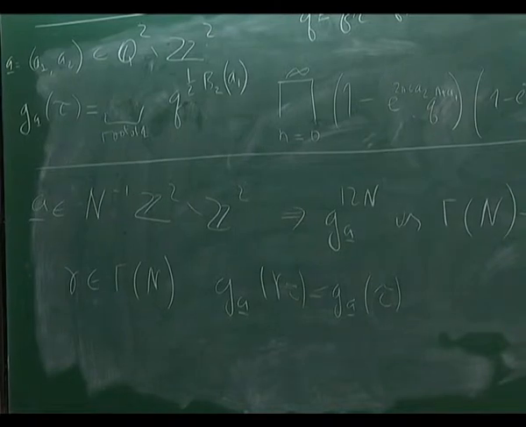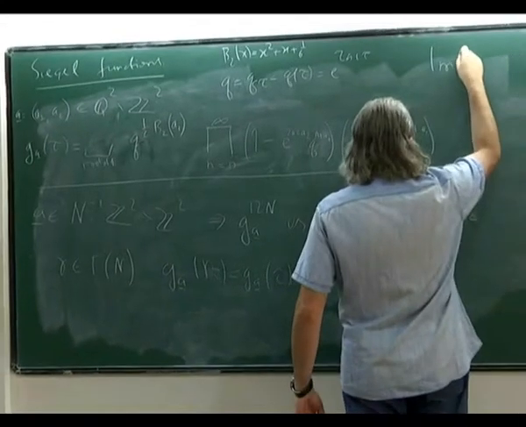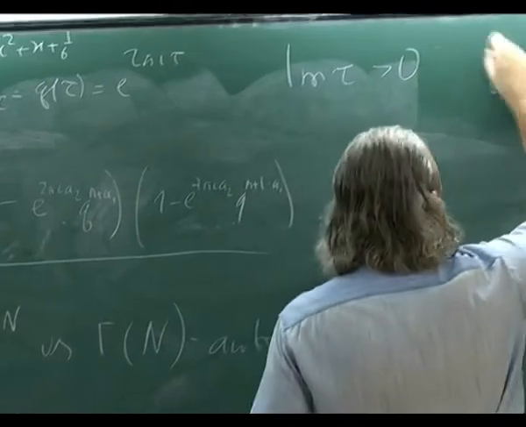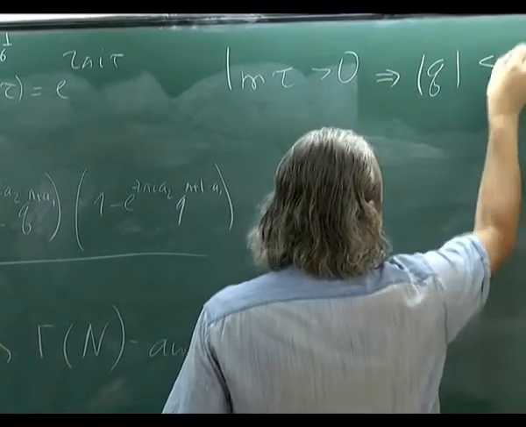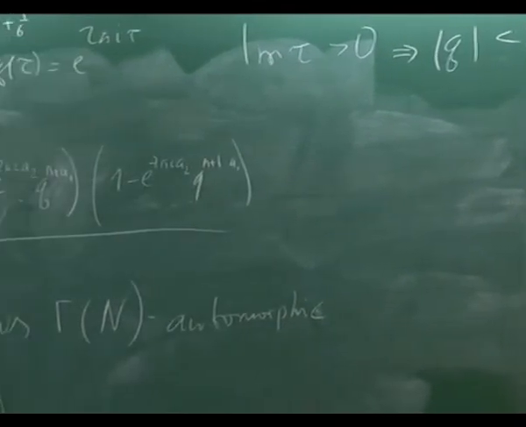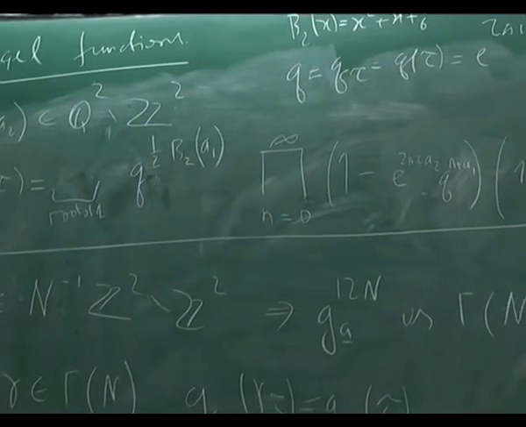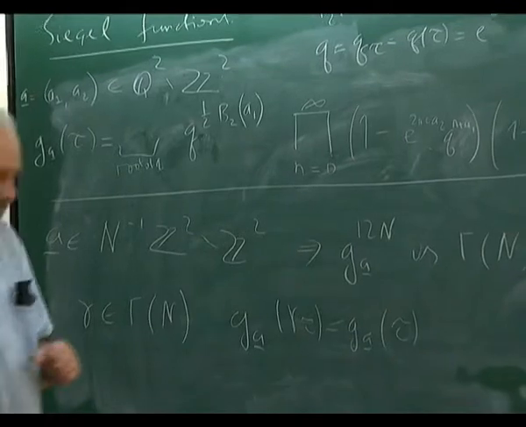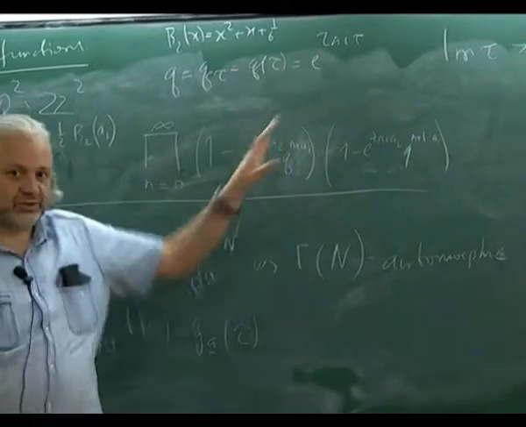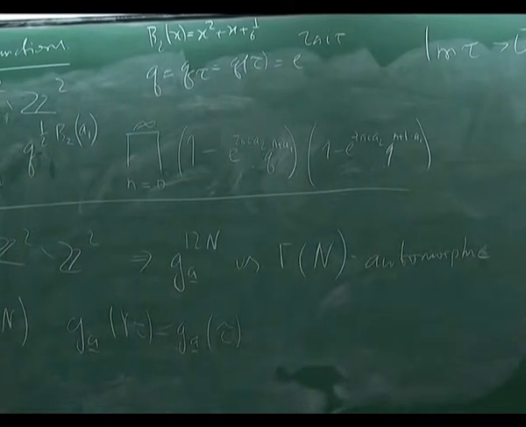Why does it converge? Yes, because tau has positive imaginary part, which means that q is in absolute value strictly smaller than 1. And then, of course, it must converge, and converges quite swiftly. But you see, we do not suffer from the convergence. What usually makes the main trouble are the first few terms.